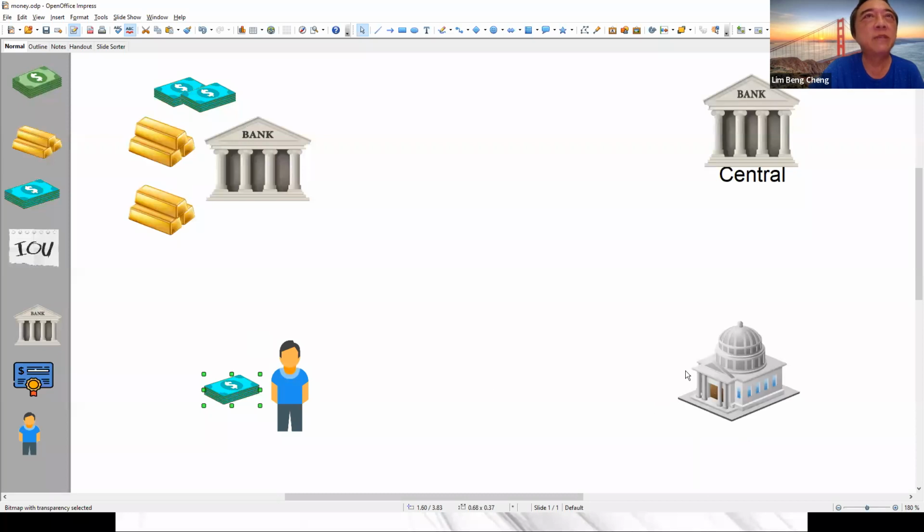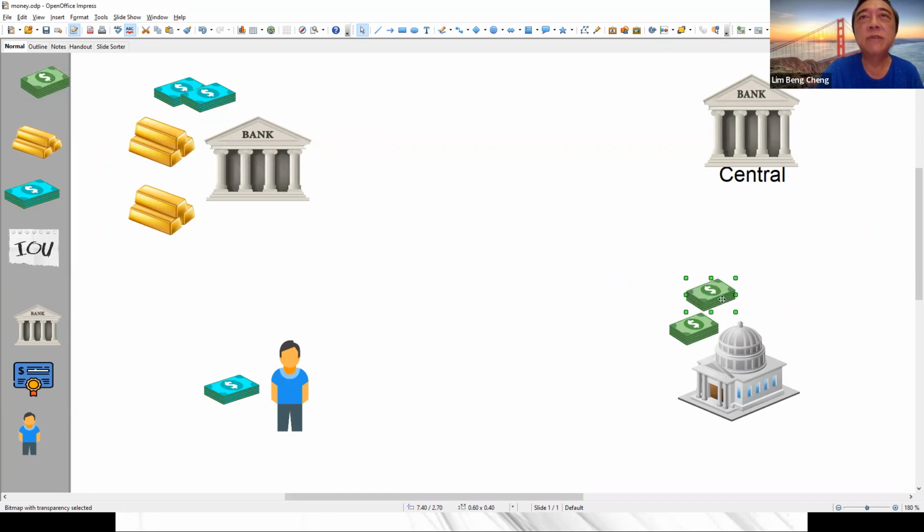So how the government creates this is they can just print. Let's say the government just prints. Okay, the government just creates. So the government created money.